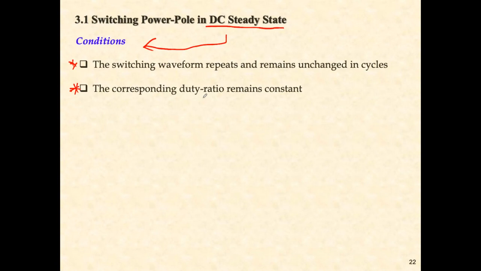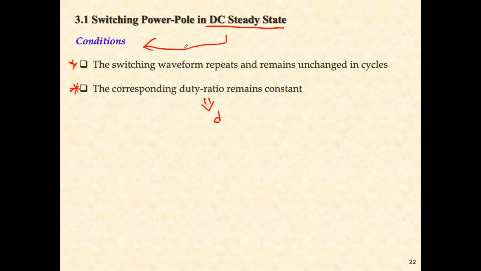In the class exercise, we calculated the duty ratio. Do you still remember? We need to use one of the slides in topic 1. Once again, the symbol of the duty ratio is D. In practical applications, D should change against time, because D can help to adjust or modify the output.